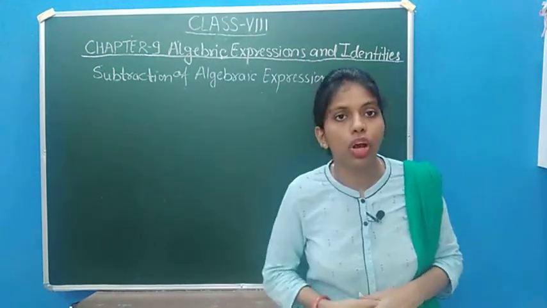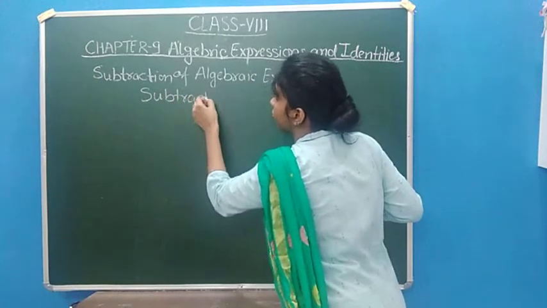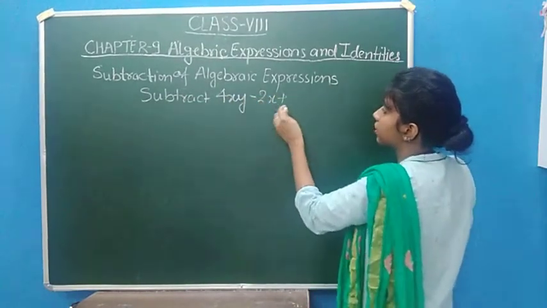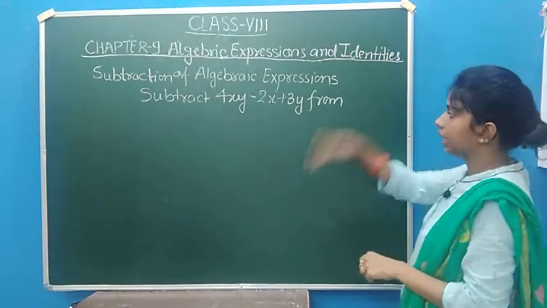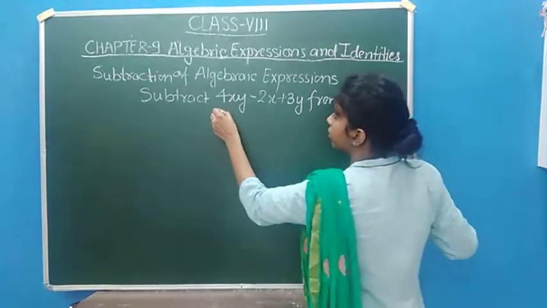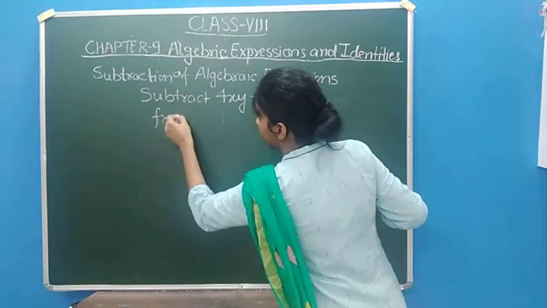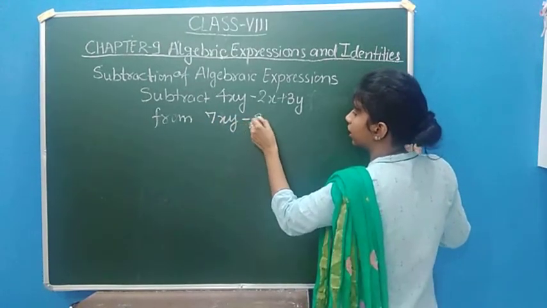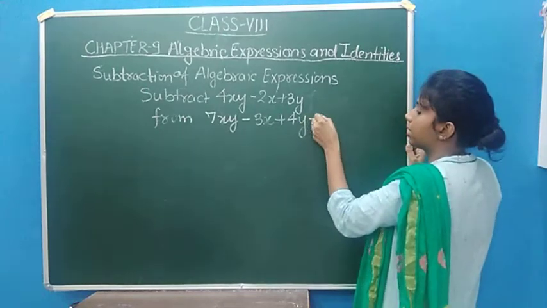Suppose I'm taking two algebraic expressions like this. We have to subtract the algebraic expression 4xy minus 2x plus 3y from the algebraic expression 7xy minus 3x plus 4y plus 15.